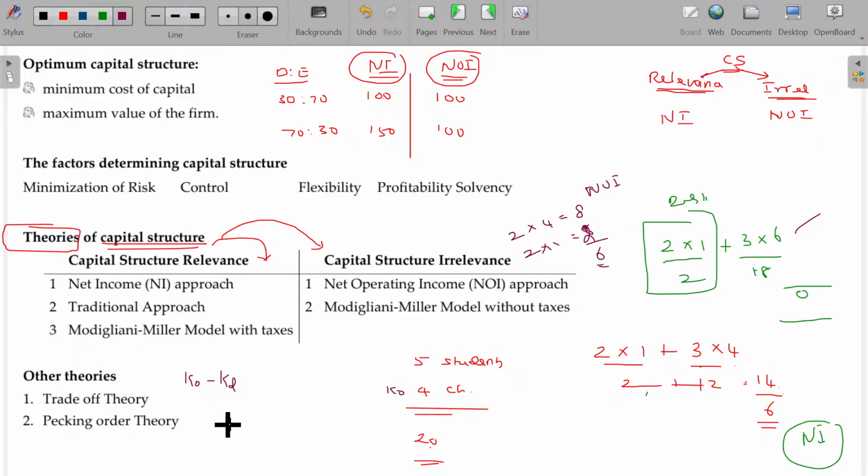Rather than giving 4, only 1 means 3 chocolates saved. 3% saved per debenture to the extent of debt ratio, debt by equity. This is the savings. What is the savings? KO is the chocolates I plan to give. KD is the chocolate taken by the debenture holders. Clear?